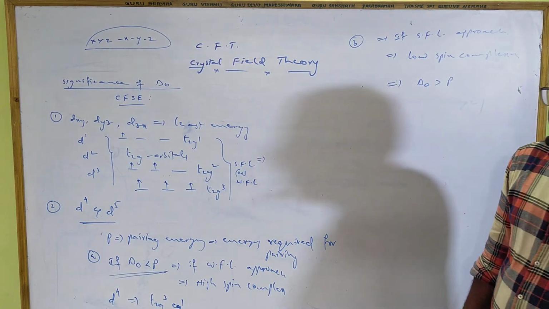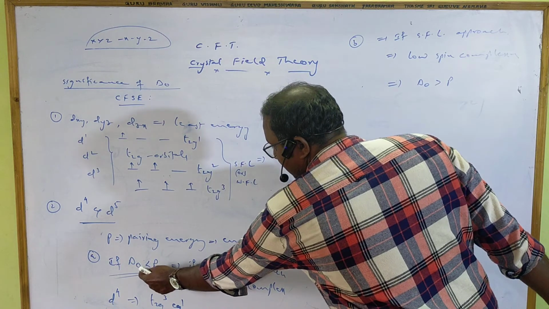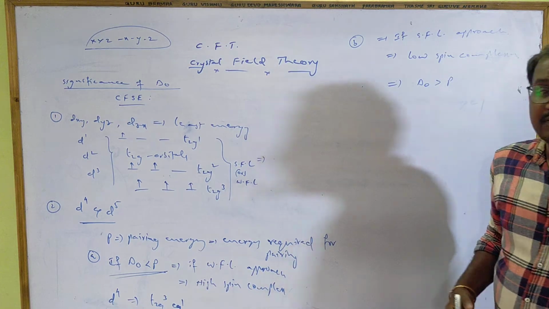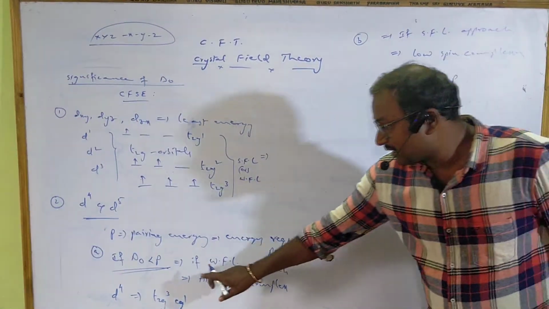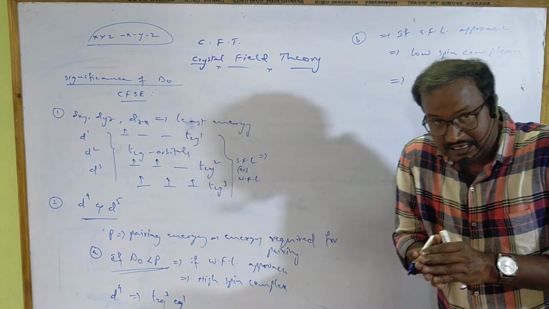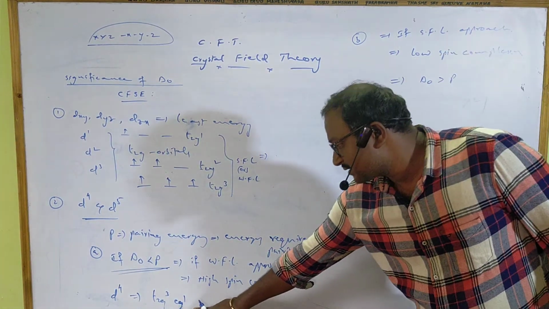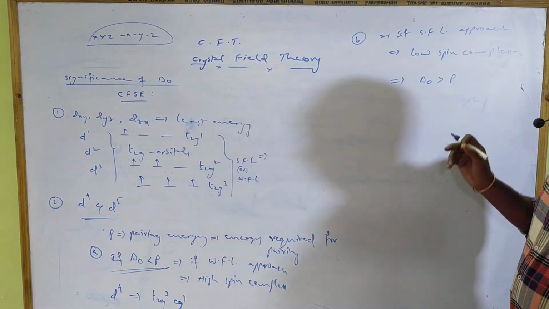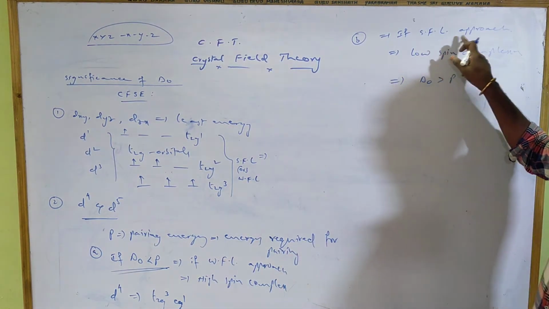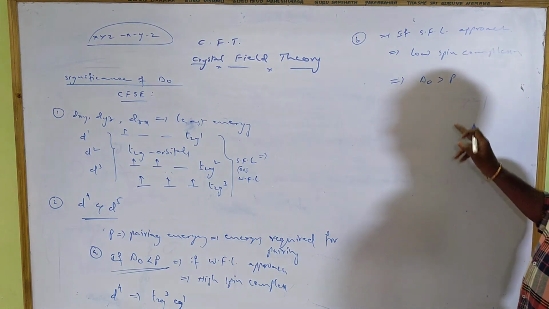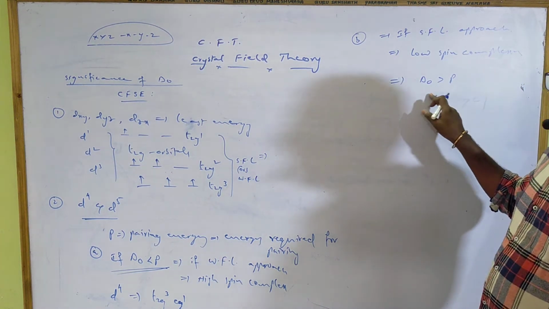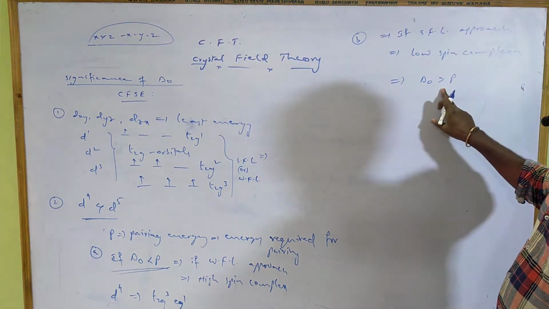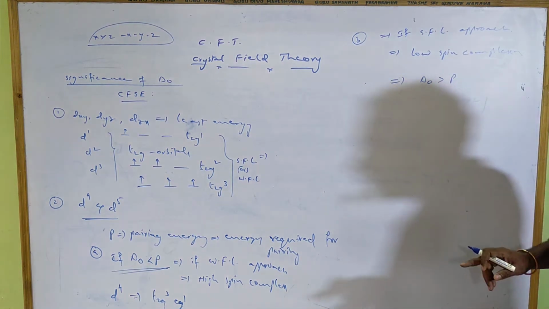So automatically pairing takes place. In the other case, the energy released by the stabilization splitting is less than pairing. Pairing requires more energy, but that energy is not possible from this delta O. So electrons are not pairing; they are going one electron in each orbital. But if strong ligands are approaching and form low spin complexes, then delta O becomes greater than P, so the energy released by the stabilization is more than the energy required for pairing.